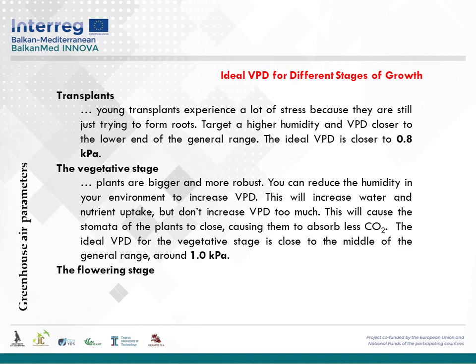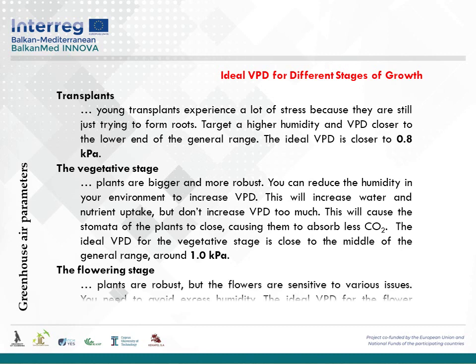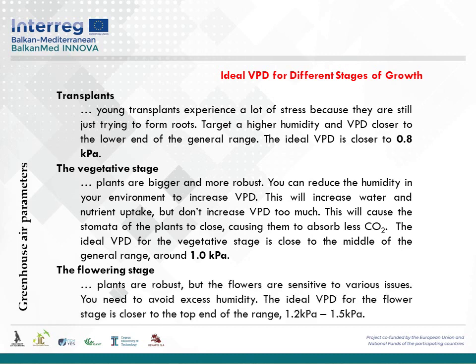The ideal VPD for the vegetative stage is close to the middle of the general range and should be around 1 kilopascal. And finally, at the flowering stage, the plants are robust, but the flowers are sensitive to various issues, and you need to avoid excess humidity. The ideal VPD for the flower stage is closer to the top end of the range, and something like 1.2 to 1.5 kilopascals is the best.